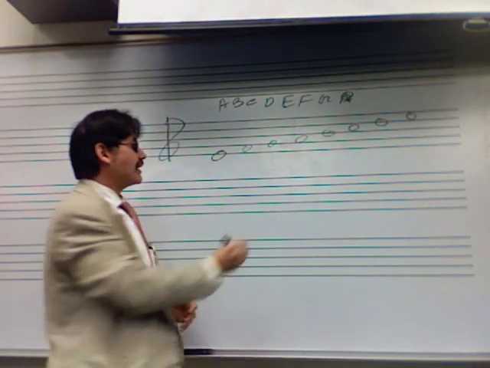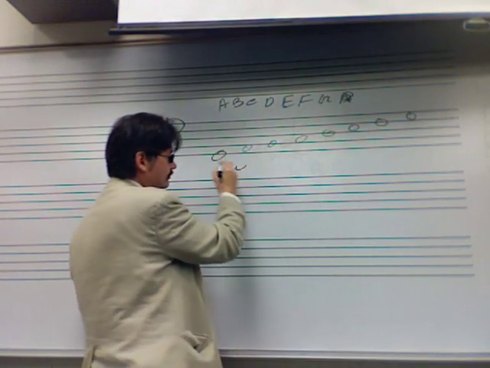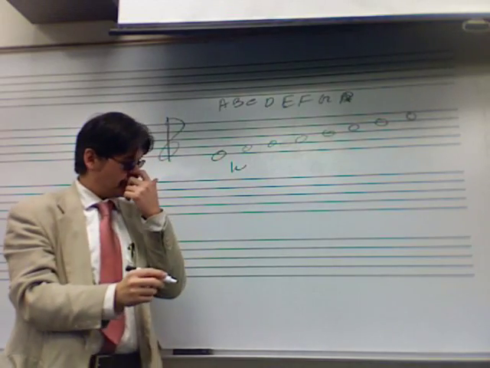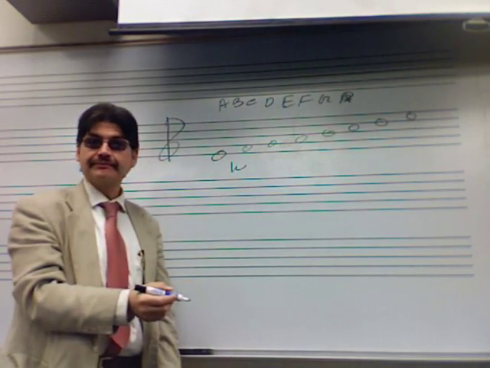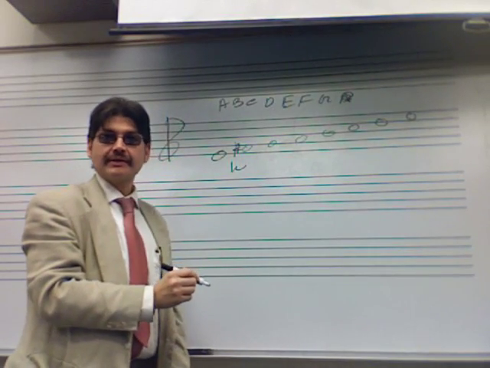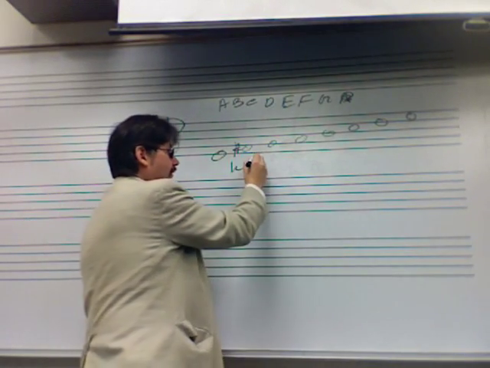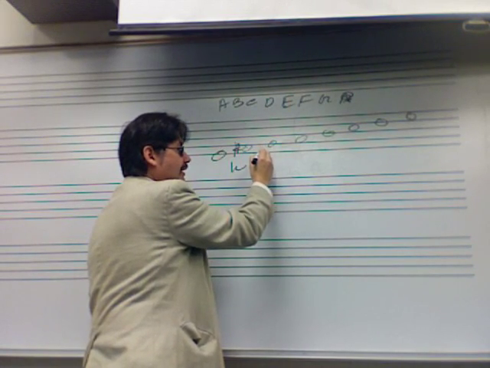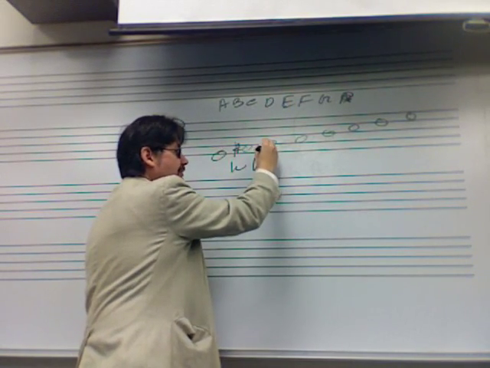Now I need to check if it's a whole step or half step. Between E and F is what? Half step. So what do I need to do? Add a sharp. Between F sharp and G is what? It's supposed to be a whole step, but right now it's a half step. So I need to add a G sharp to make it a whole step.